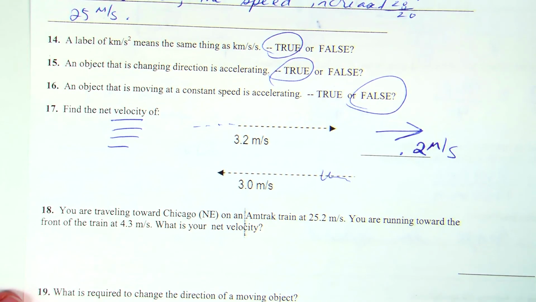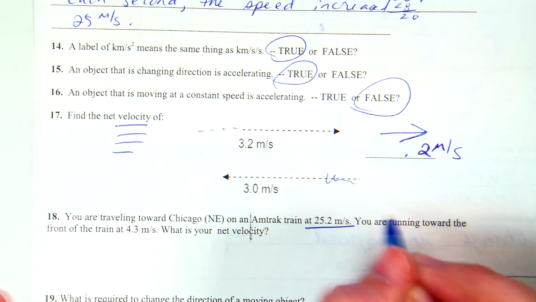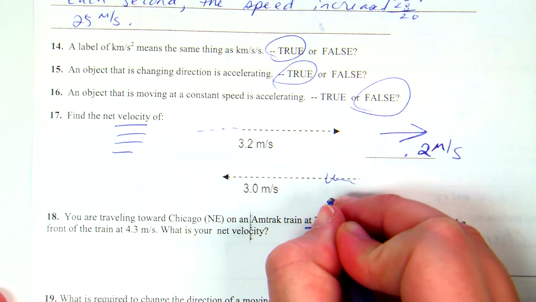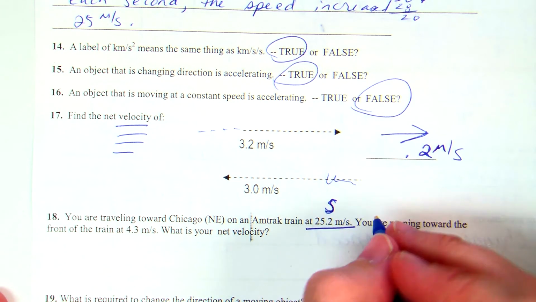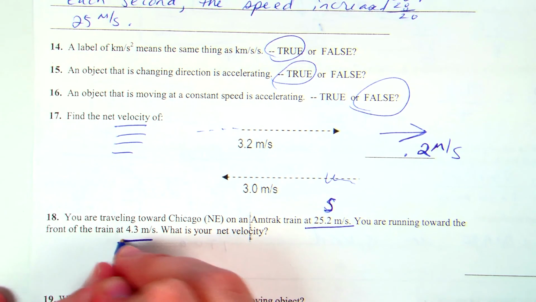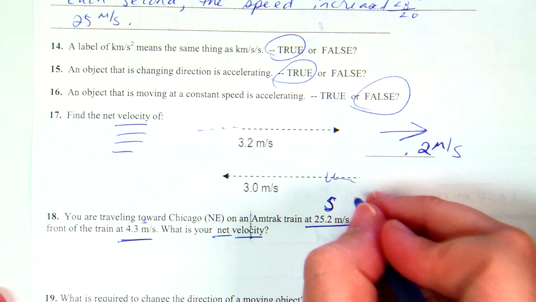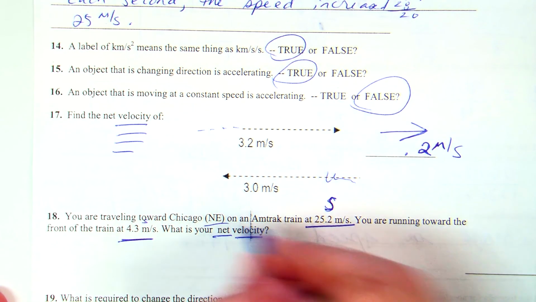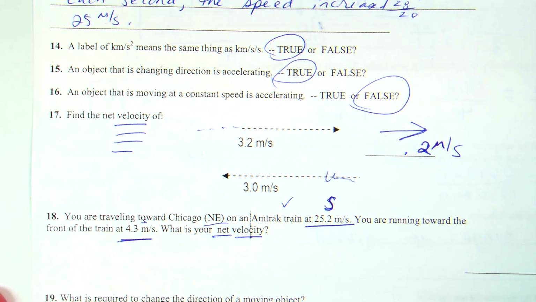You're traveling towards Chicago, which is to the northeast, on an Amtrak train at 25.2 meters per second. That's the speed, okay? You're running towards the front of the train at 4.3 meters per second. What is your net velocity? So you have this and this combined will give you your velocity.